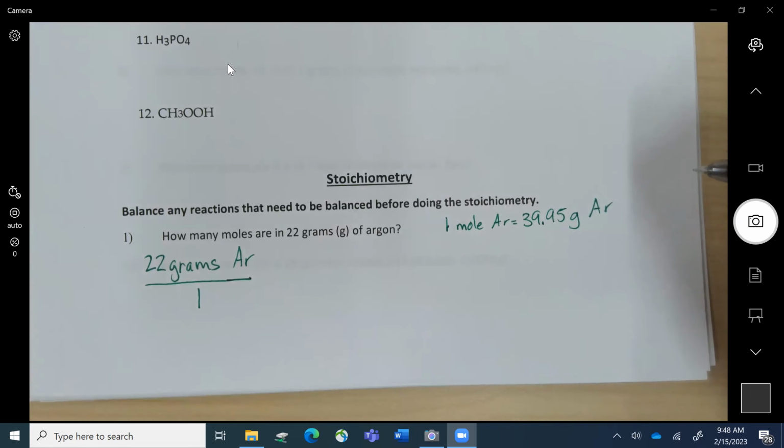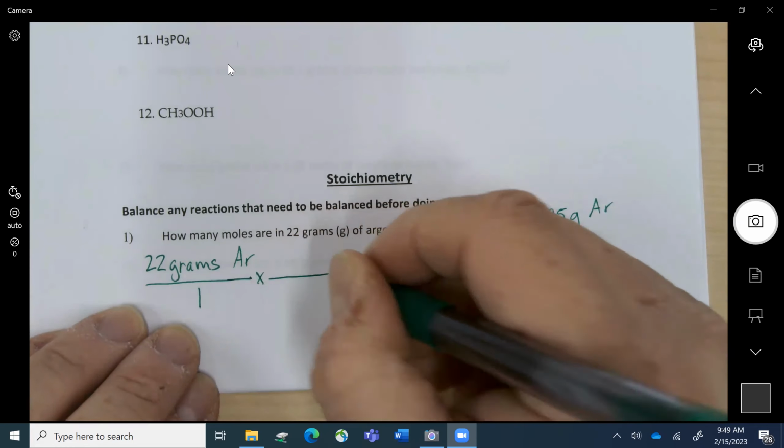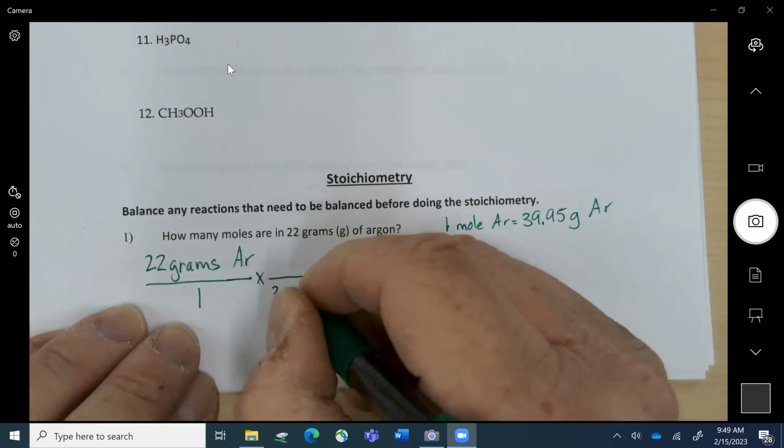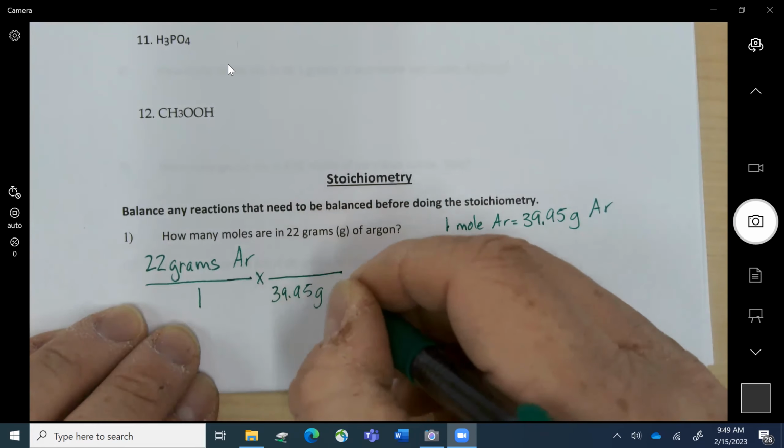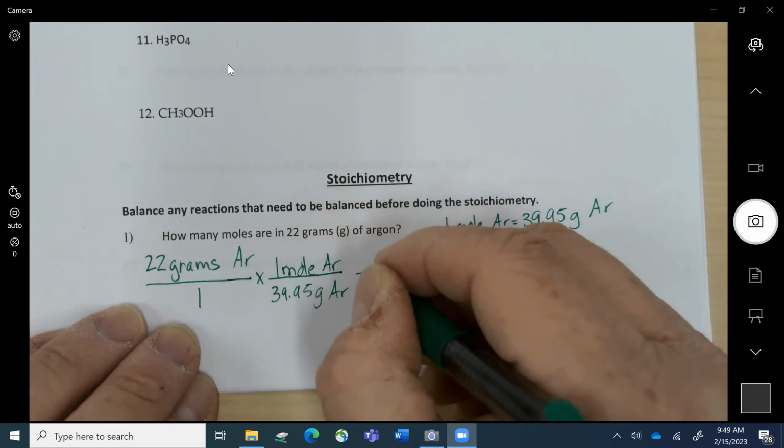The atomic weights on the periodic table represent 1 mole of that atom or element. So these are going to come directly right off the periodic table like this. So 39.95 grams of Ar equals 1 mole of Ar.